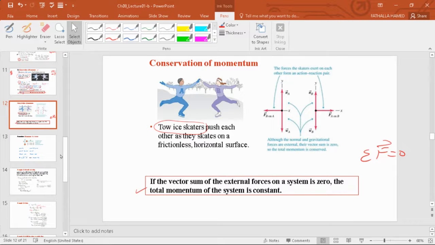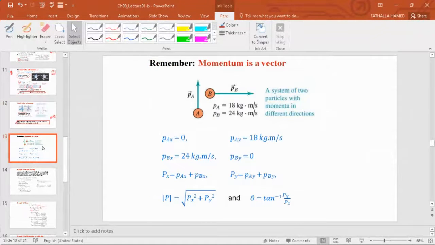So here we talk about conservation of momentum. We'll take examples, but just to remind you again that momentum is a vector, and if you have a system, you really have to look at the total momentum of the system.